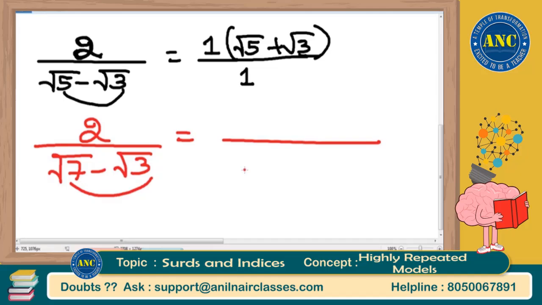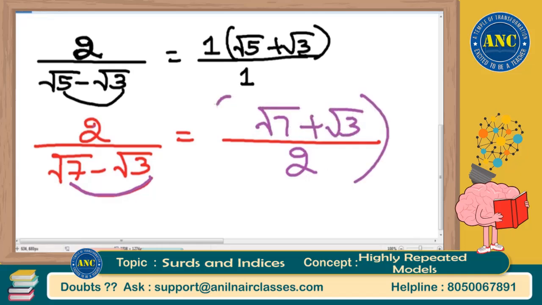No need to write it as multiply by root 7 plus root 3, divide by root 7 plus root 3, apply a square minus b square. Don't use all those methodologies. That methodology is what we are using, but don't write it in your examination hall. 7 minus 3 is 4. 2 by 4 is 1 by 2. Directly write the denominator 2. Numerator will be root 7 plus root 3.